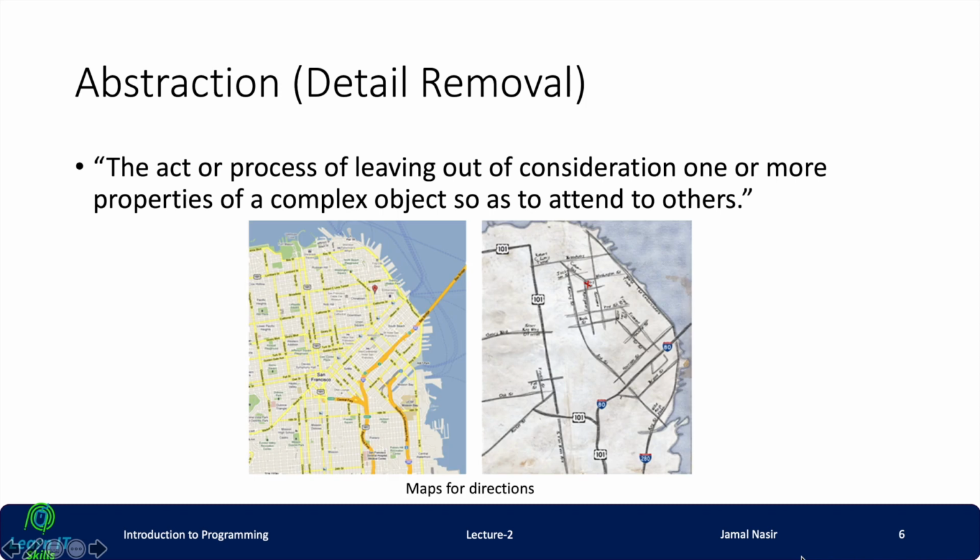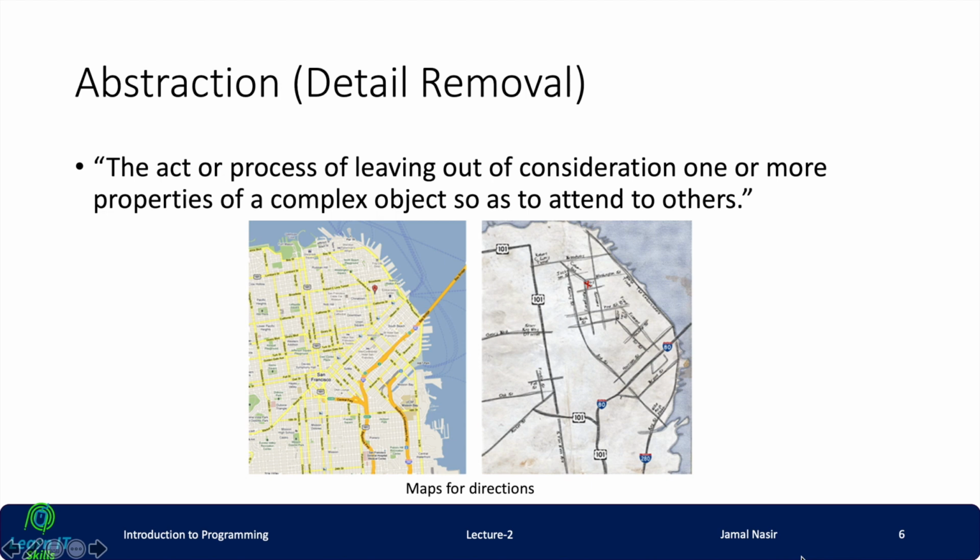So for example, if you want to go from one city to another city, then obviously the name of each shop is not important for you. So that map will hide street names, or even they will not show you trees or something, right?